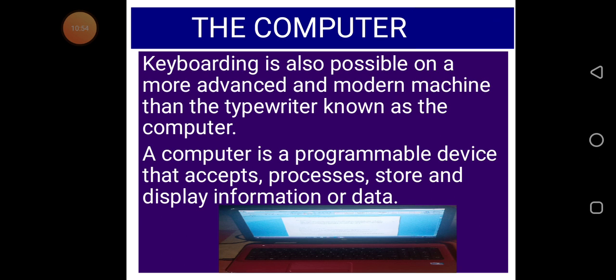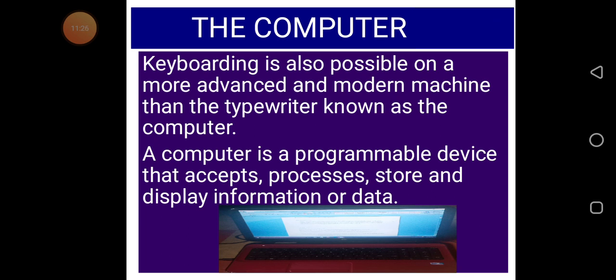So a computer is a programmable device that accepts, processes, stores, and displays information or data. So we say keyboarding now is very possible and it's even better on this advanced machine called the computer. Okay, why? Because with the use of the typewriter, you can only have hard copies, okay, which are preserved.